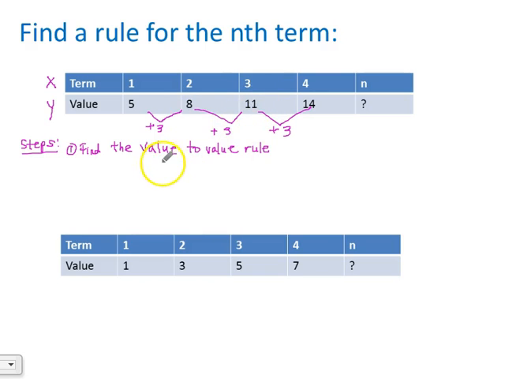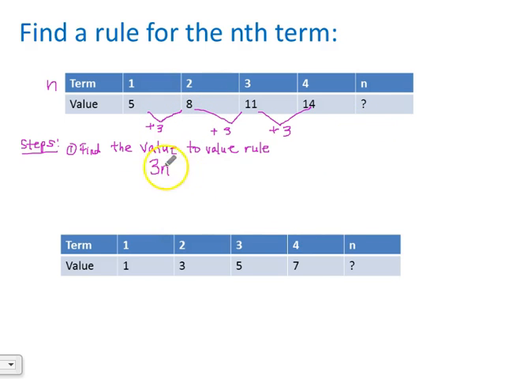What that means is that we're taking 3 times, and I think in the lessons, the term is represented by n. n represents the term. So I'm going to say 3n. That would be our rule, that we're increasing by 3 each time.